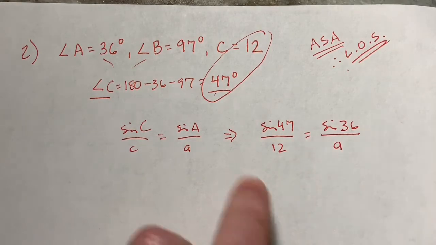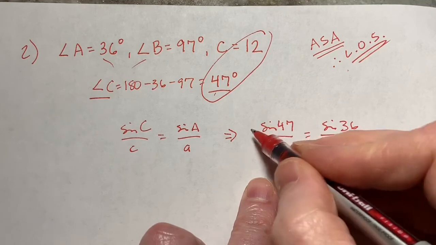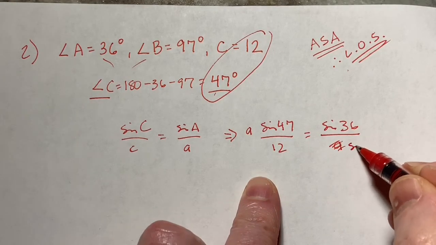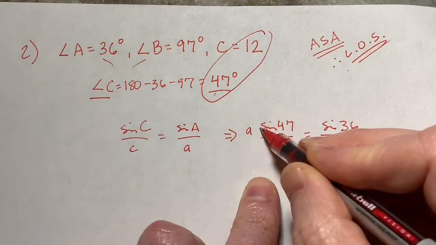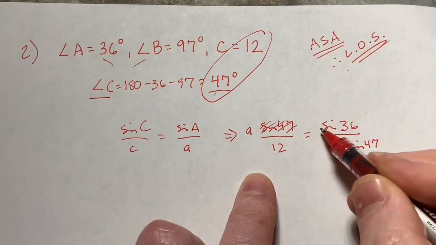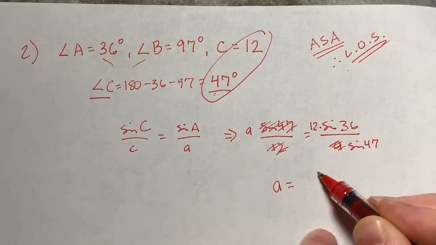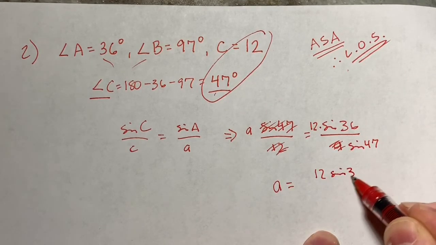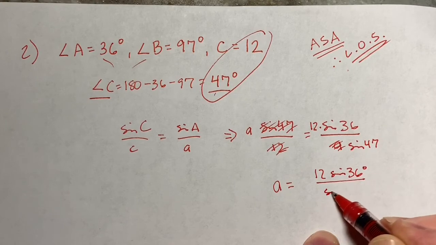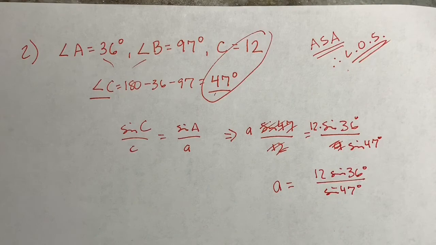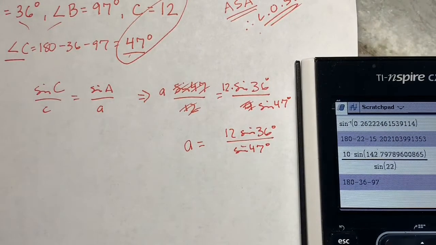You can cross multiply like I did before, then divide and solve, or you can slide the A up, slide the sine of 47 down, and then slide the 12 up. And you're left with A equals 12 sine of 36 degrees over sine of 47 degrees. Try to remember to put those degrees on there too. So all I have to do is type that in.